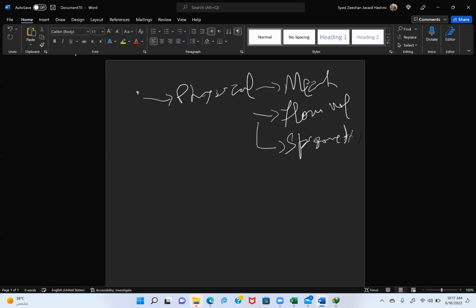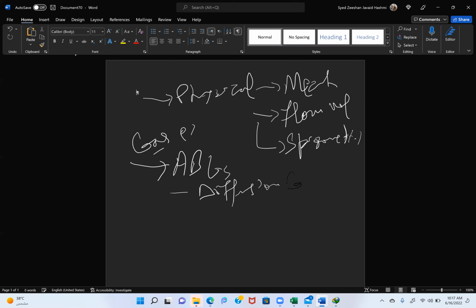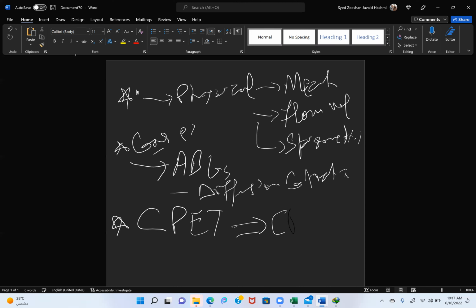The other is gas exchange, which you do with ABGs, or to be very specific, lung diffusion capacity. You don't do it in every patient, but actually this is the thing. And the third tool is cardiopulmonary exercise testing; nowadays they do the CPEX test.